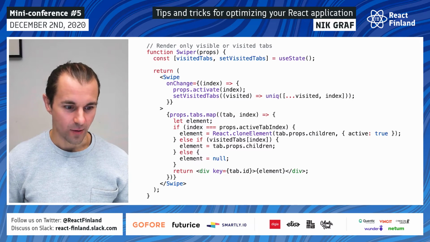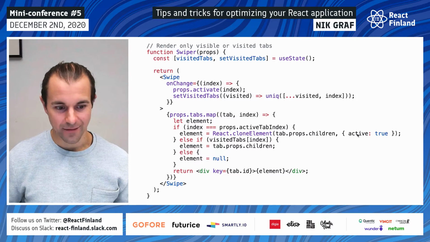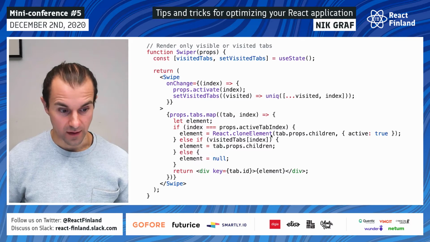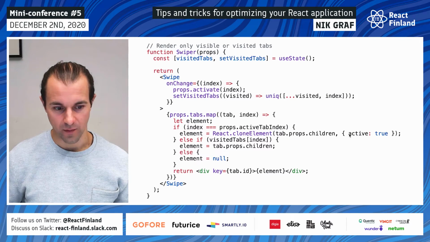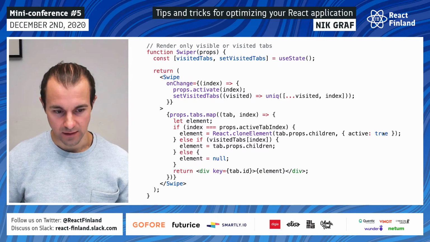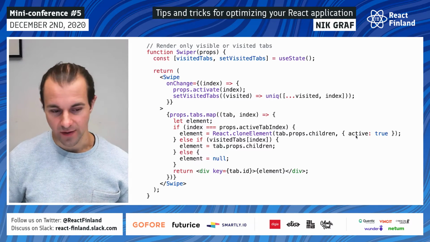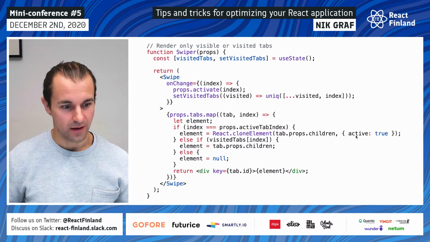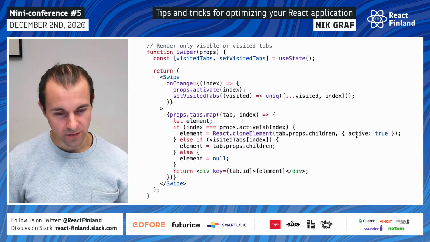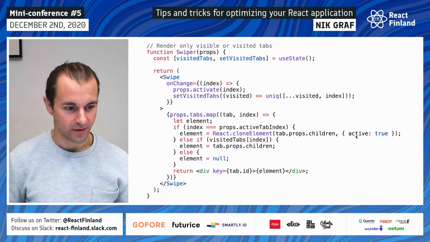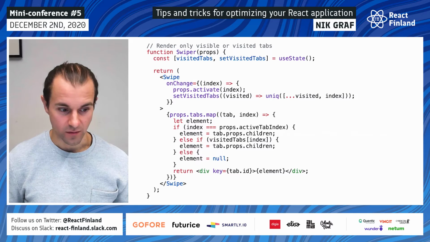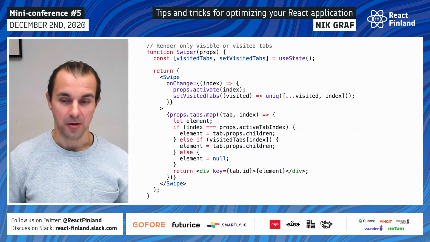So the React cloneElement, where for the active tab the children were replaced with a property active, so that the tab, or the screen, actually knows that it's active. And yeah, just for experimentation, we were trying out what if we don't do this and we just render the children and leave it be.